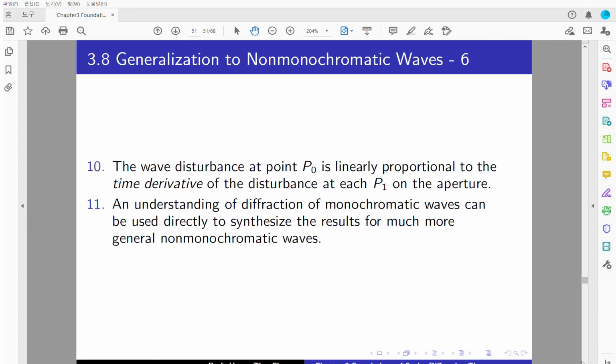Basically, once you know the Kirchhoff or Rayleigh-Sommerfeld integral, that form can be readily applied to non-monochromatic waves. That's the key point. Okay, so in this class, we are going to talk about the temporal dependence of the non-monochromatic wave.